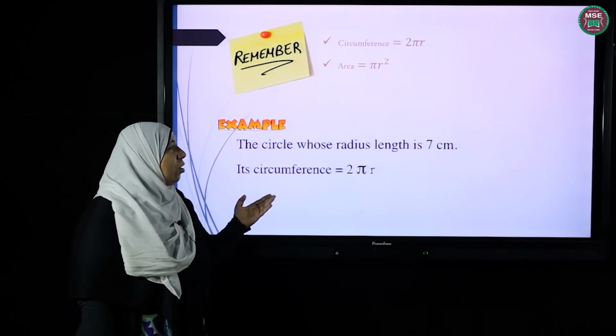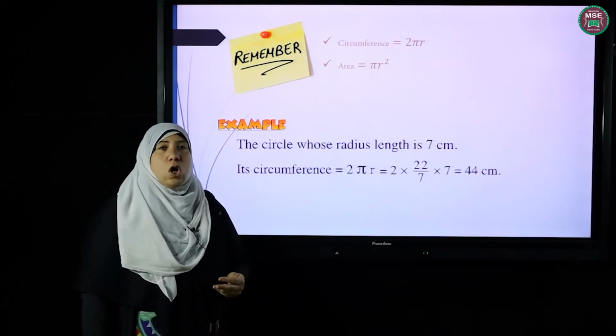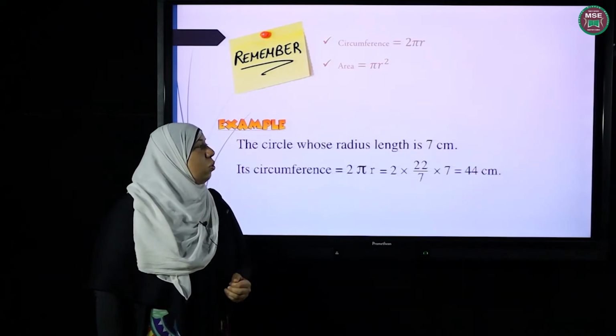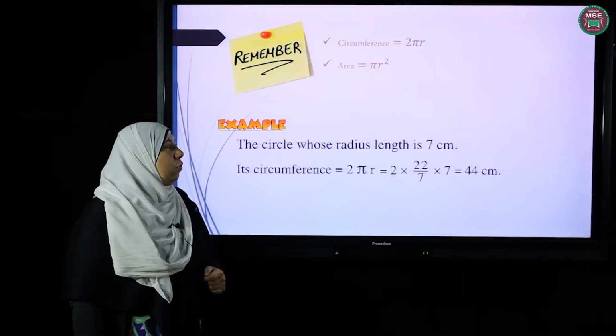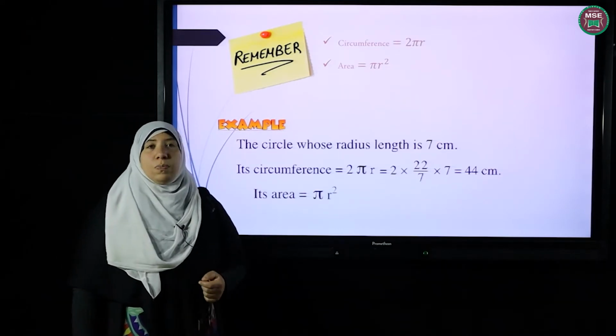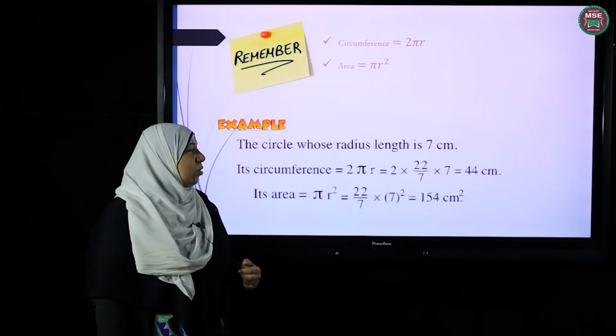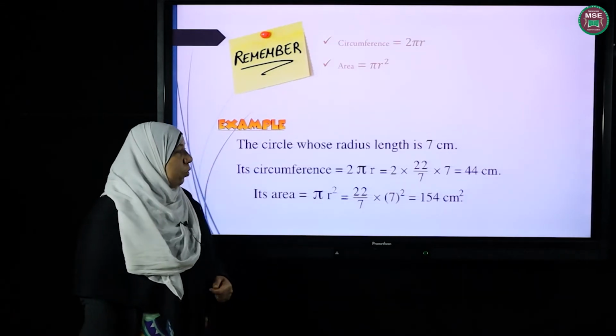To calculate the circumference, we do 2 times pi times r, or 2 times 22 over 7 times the radius length, which is 7, equals 44. To calculate the area, which is pi r squared, 22 over 7 times 7 squared equals 154.